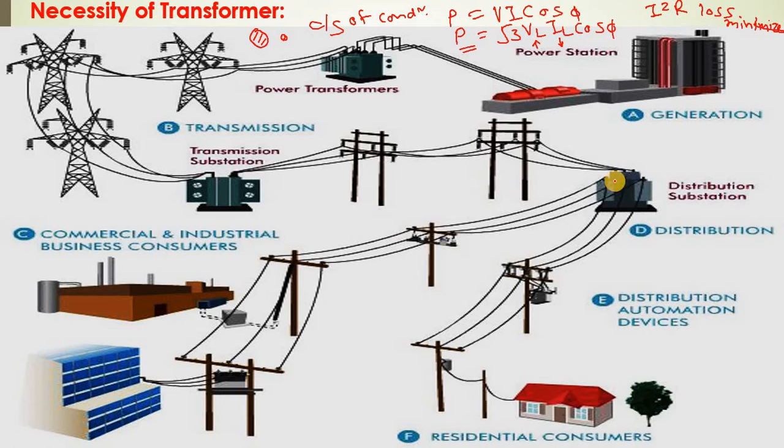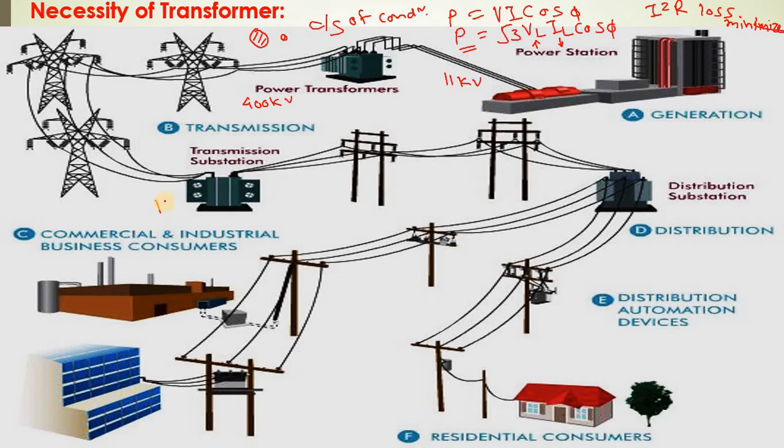Then the power will flow through this transmission line. Then there will be the distribution side, where at the end of the transmission line, again a transformer is erected. This transformer will convert this voltage level into a reduced voltage level. Suppose that at the generating station it is 11 kV, this transformer will convert it into 400 kV.